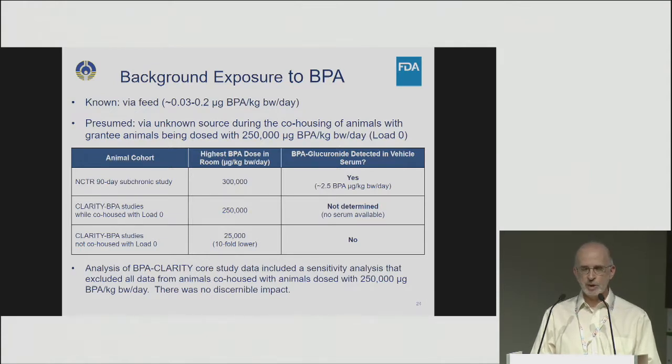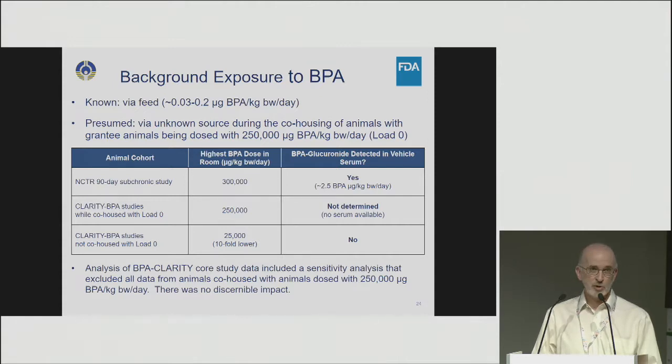It was known that using a hydrolysis method to measure BPA, it was difficult at the lower dose levels to distinguish between BPA that was released by the hydrolysis and BPA that might have come from external sources. When BPA-G became available, it was possible for Dan's lab to indicate that in the 90-day chronic animals, we did have a background level of bisphenol A glucuronide, which means there was exposure to the animals approximately equivalent to that at the lowest dose levels.